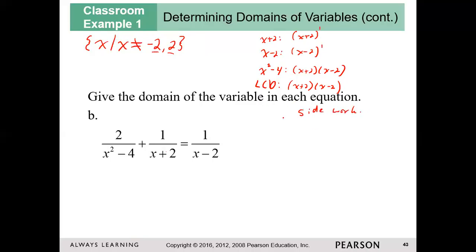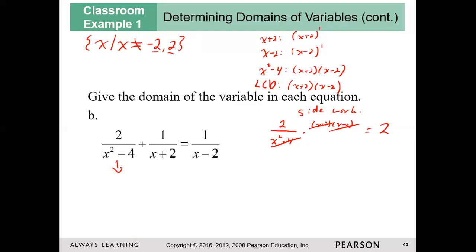So side work says I'm going to take this first fraction, this 2 over x squared minus 4, and multiply it by my LCD, x plus 2, x minus 2. And we know that this x squared minus 4 is really just exactly what our LCD is. So these are going to cancel completely, and that leaves you with just a 2.